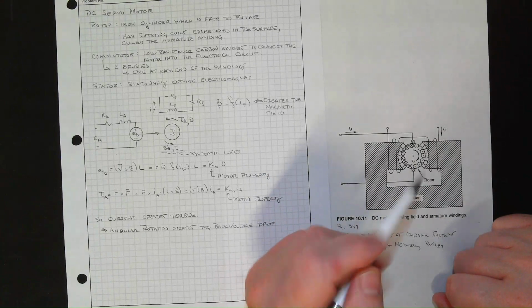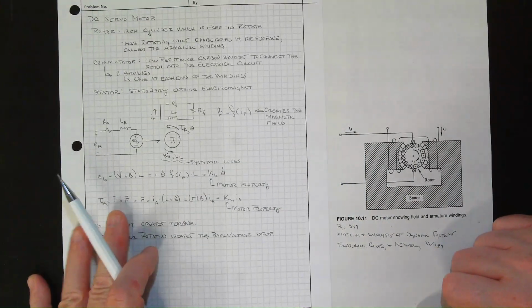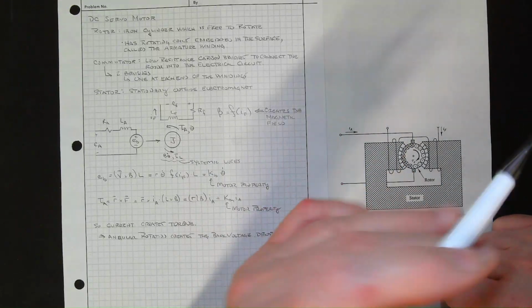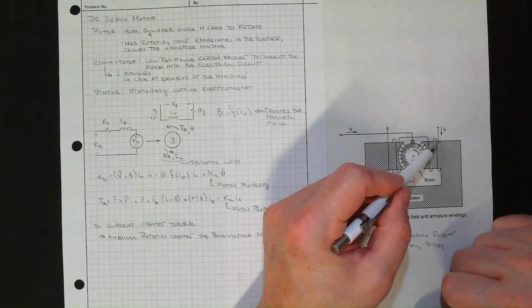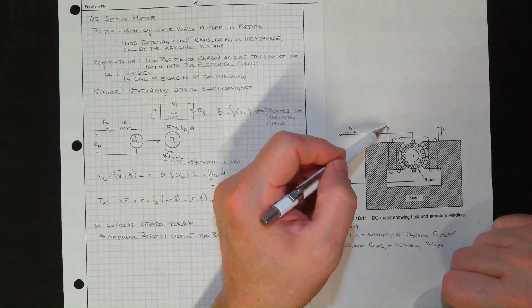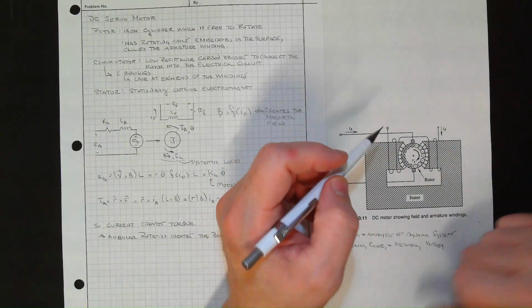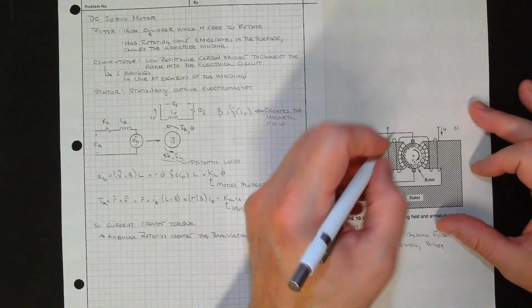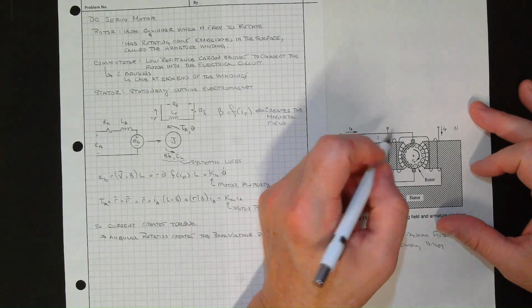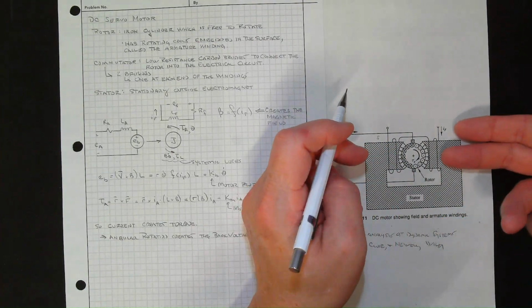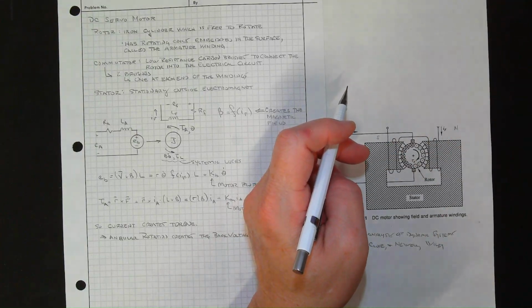What creates the flux density, the magnetic field, is this current, which comes in, winds around, and leaves out here. So you will have basically north here and south over here. The flux is going this way across.